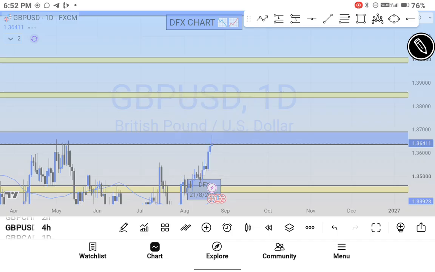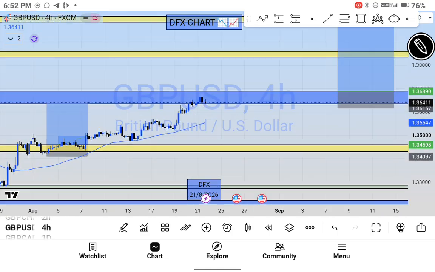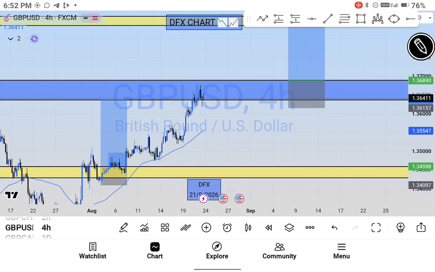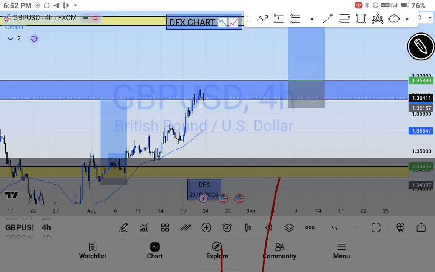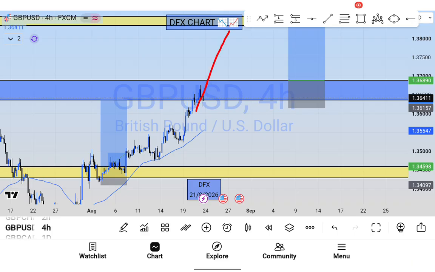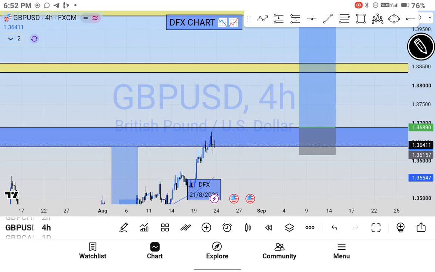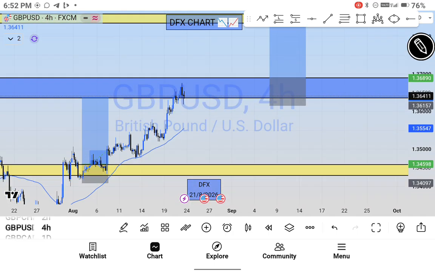All right. So on the 4 hour time frame, we're going to be waiting for a drop below here, we buy, or a push to the upside, we test, then we buy. So those are what we're going to be looking at for pounds USD for the week.